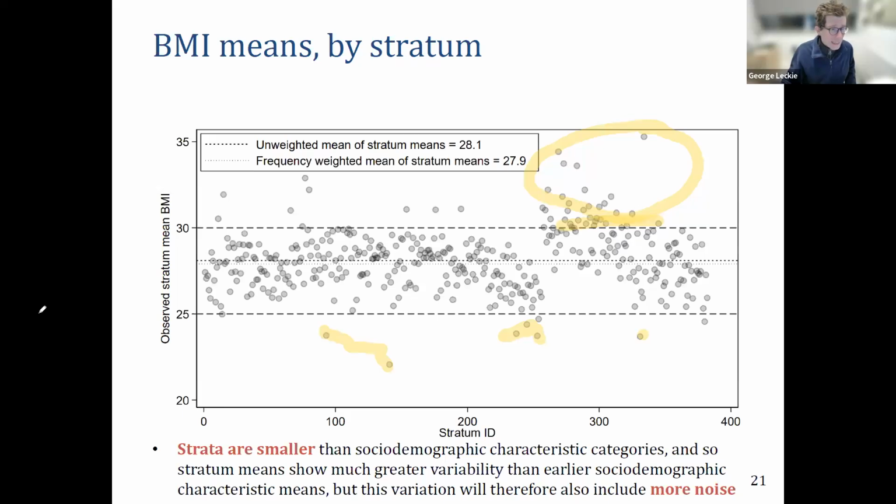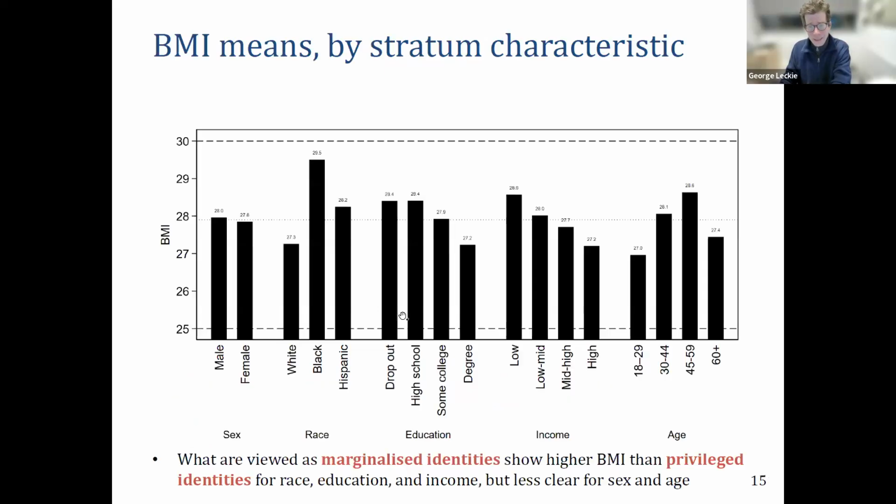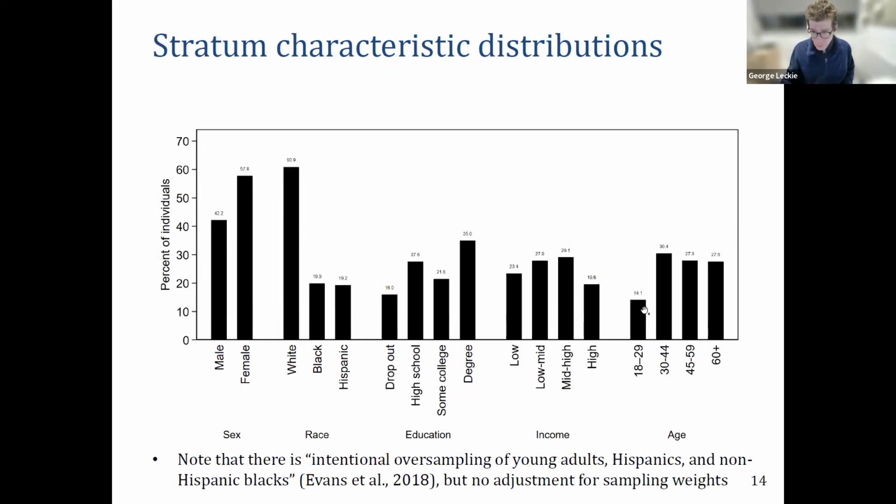So what we're seeing here is a lot more variation in the means across these strata than we saw, for example, earlier in terms of the characteristics themselves, where the means were all within the 25 to 30 range. But that's expected because these are big subpopulations. Even the 18 to 29 group, where 14% are in the youngest category, is still 3,000 to 4,000 individuals.